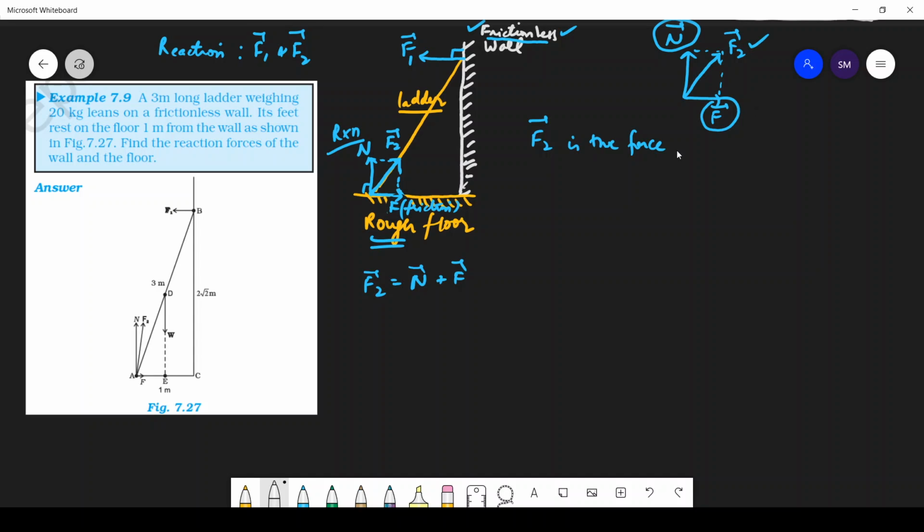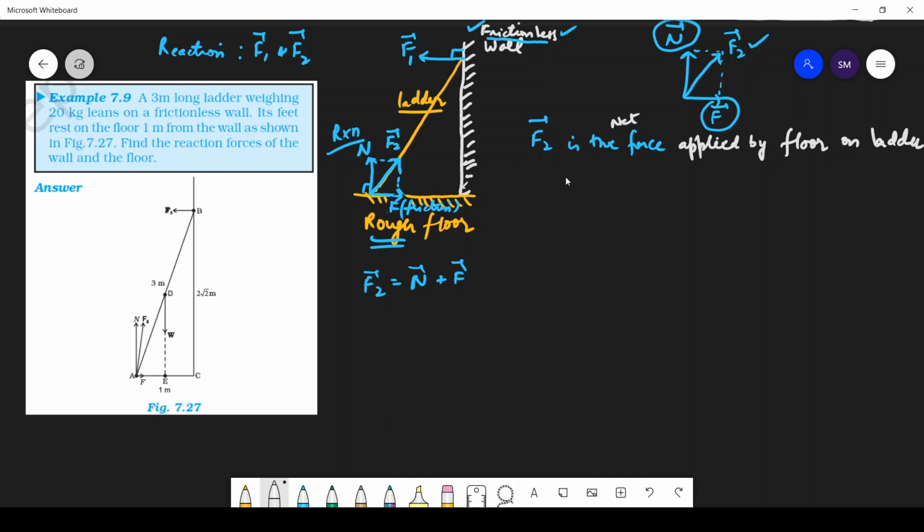So F2 is the net force applied by the floor on the ladder.